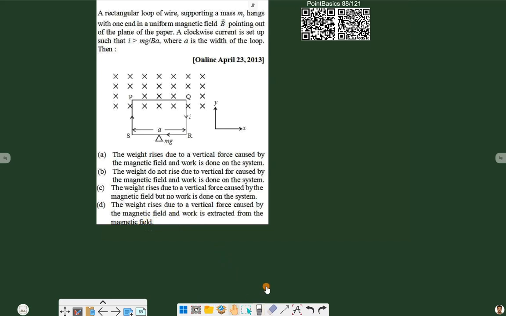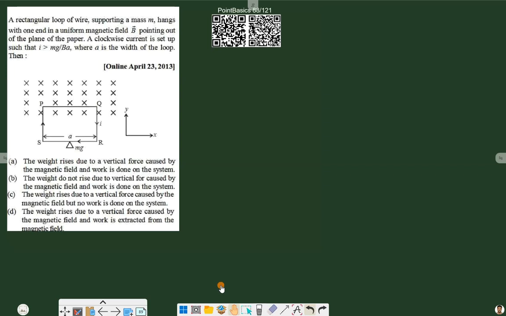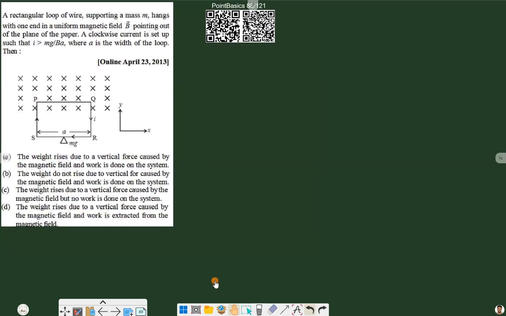So let's slide it down slightly, and let's first discuss the directions and the force.